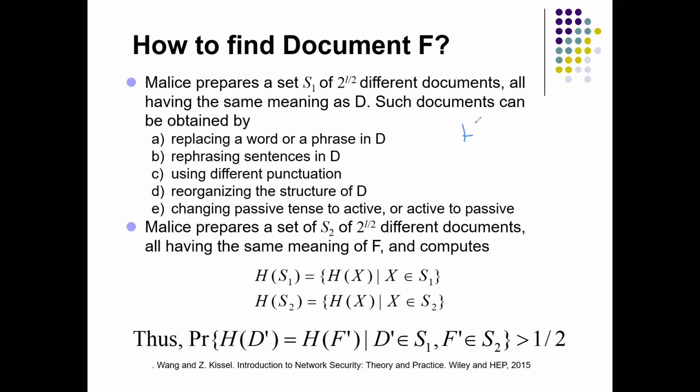For any hash, if the length of the hash value H is L, then the strength of this hash is approximately 2 to the L over 2 rather than 2 to the L. That is what the birthday attack tells us.